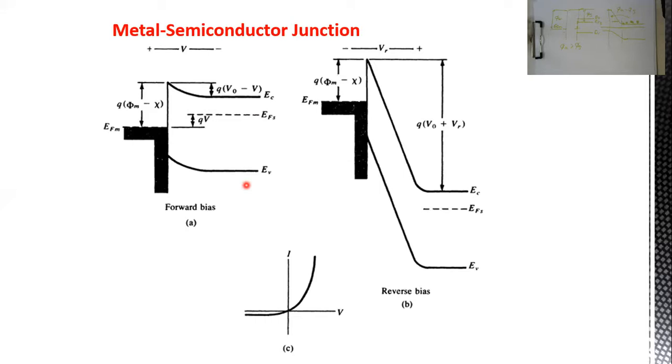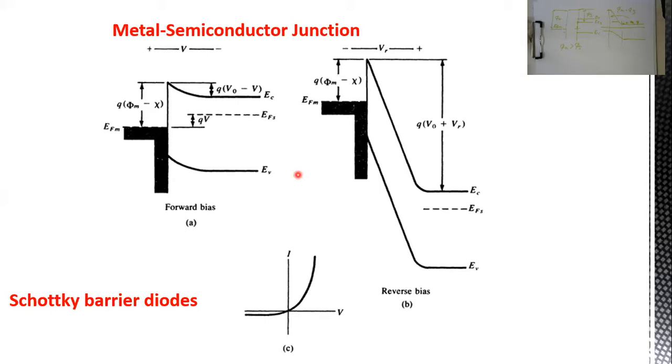So the main difference between the Schottky barrier diode and the normal p-n junction diode is that the Schottky barrier diodes are unipolar devices, while the p-n junctions are bipolar devices.